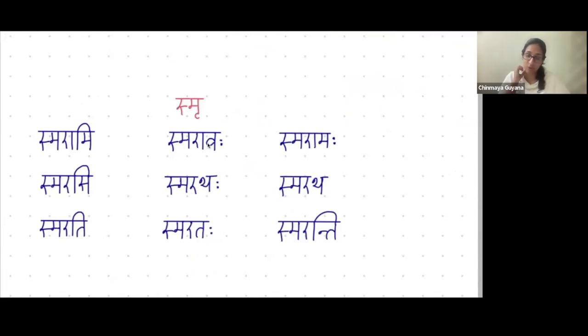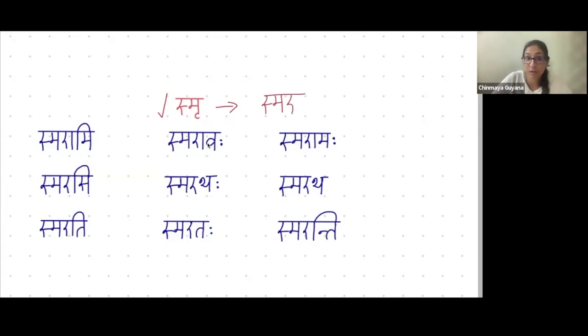I'm just going to point out, and then I will read this. Smrit is the verb root. This is how we write a verb root. If you look at your verb vocabulary that I gave, you will see that I told you smrit goes to smara.